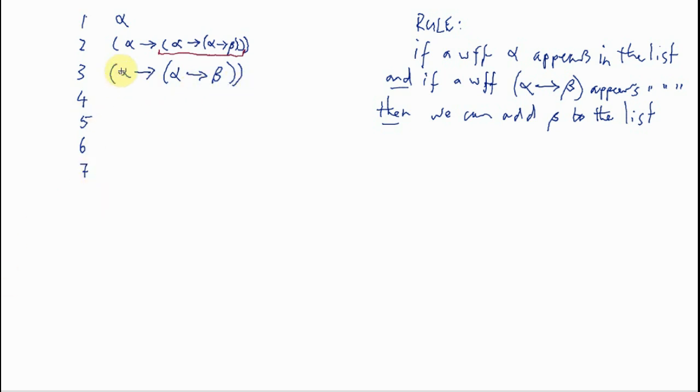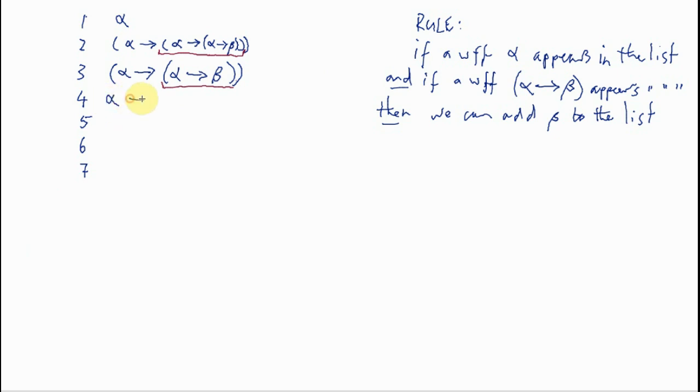Now we have an alpha and an alpha arrow something else, the beta. So we can write, again, by the license conferred on us by this rule, that beta. This time that beta is this expression. So let's write that down.